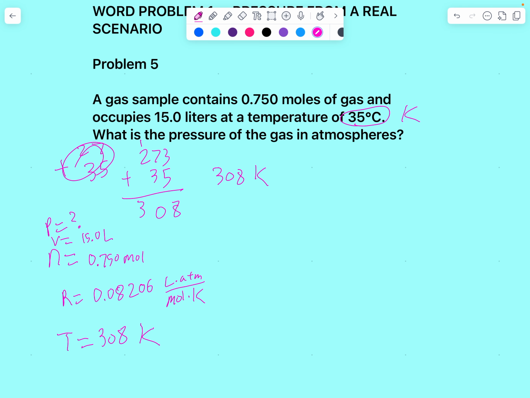So, we have this formula PV = nRT. Let's rearrange. I don't want to know what PV equals, I want to know what just P equals. I'm going to divide both sides by V. Goodbye, it's gone on that side. What I do on one side, I have to do to the other. So I got P equals nRT divided by V. Okay, that's rearranged. Let's plug in.